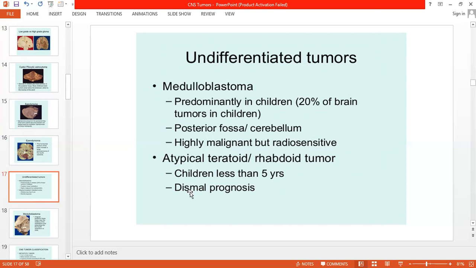You know blastoma, what is blastoma? Blastomas are actually embryonal cells. They are undifferentiated cells. They can be found anywhere in the body, so it can be in the brain.